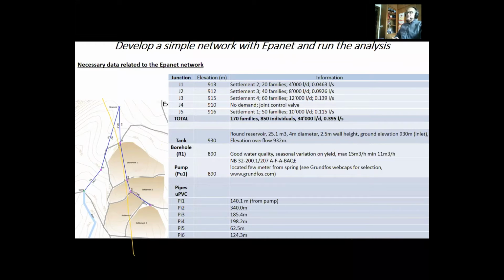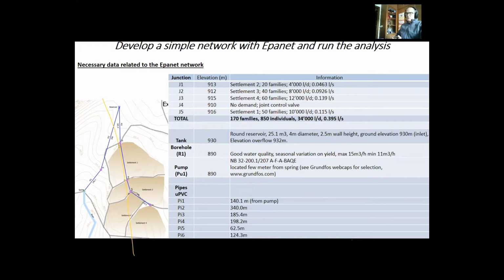You divide this water demand by 24, so you have the water per hour, and then you divide by 3,600, and then you have the liters per second.